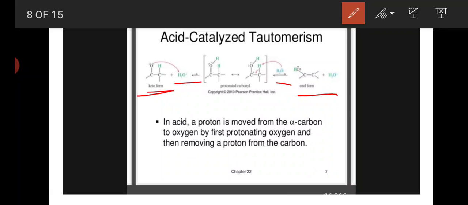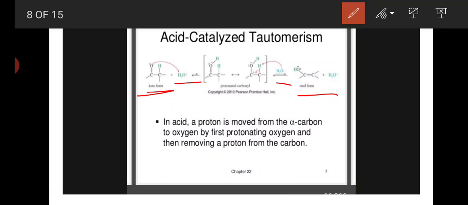Okay, in base catalyzed reaction, first keto form in presence of base loses a proton and forms an enolate ion. Then that enolate ion attracts a proton from water and forms an enol. But in acid catalyzed tautomerism, first a proton attaches to the carbonyl oxygen and forms a protonated carbonyl compound. Then this protonated carbonyl compound loses one proton and forms enol. In acid, which proton is moved? Alpha proton.